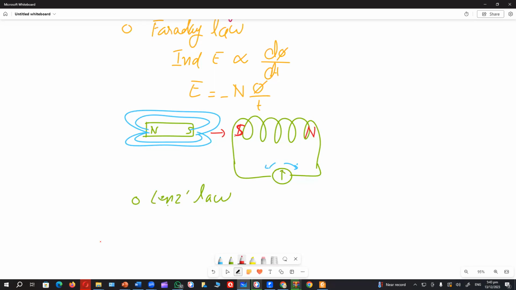The source which is producing it will always be opposed. It's like a self-opposition, and Lenz's law is a consequence of the law of conservation of energy.